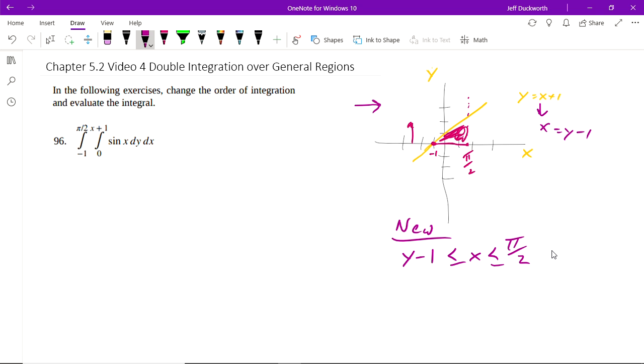And our y, we're going to be going from 0. Again, we're starting at 0, and we're going all the way up. Our lowest point will be 0. Our highest point will be just pi by 2. No, hold on. It's 1 plus pi by 2, because it's going to be here.